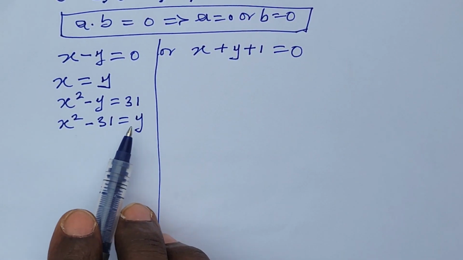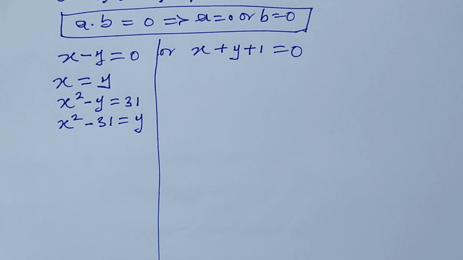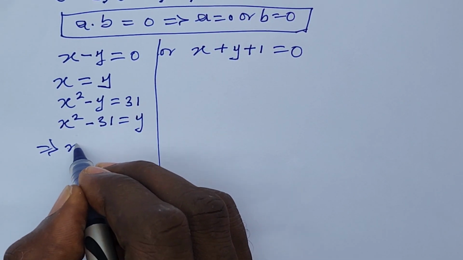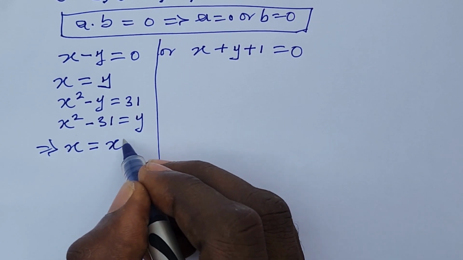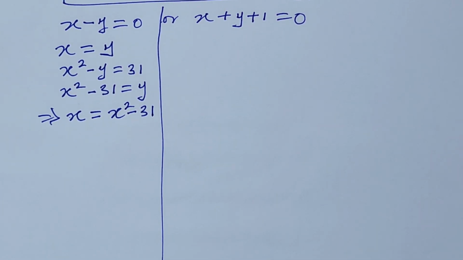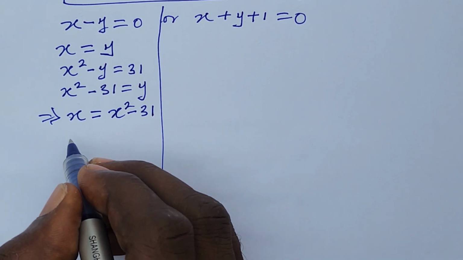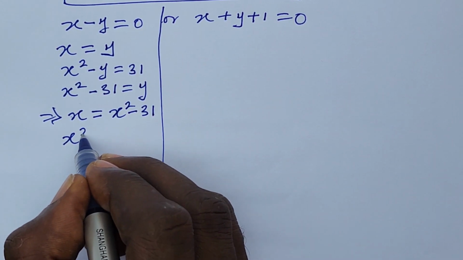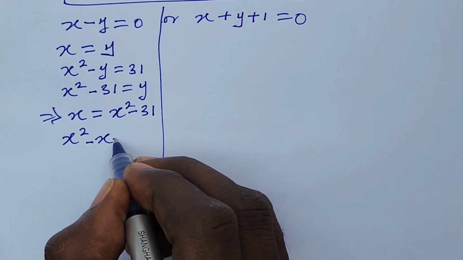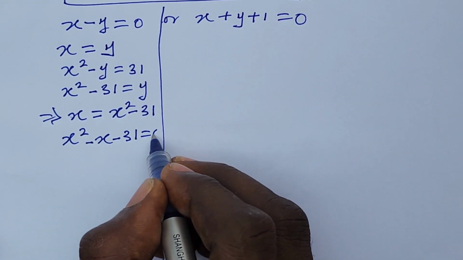So we can put our y in place of this. This now implies that x is equal to x to the power of 2 minus 31. When we rearrange this, this will give us x to the power of 2 minus x minus 31 equal to 0.